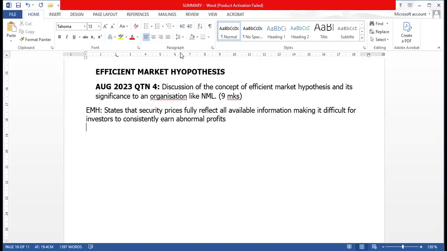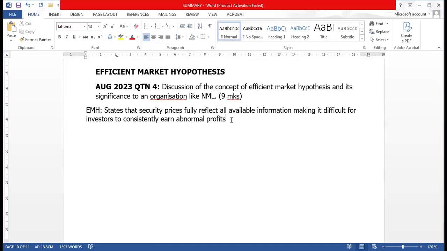So we assume that if we are talking about an efficient market, then it is the market where the prices quoted reflect the information available to us as investors or to the public. So it will be hard for an investor who always relies on information to beat the market.